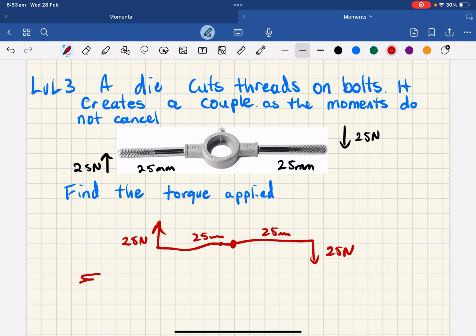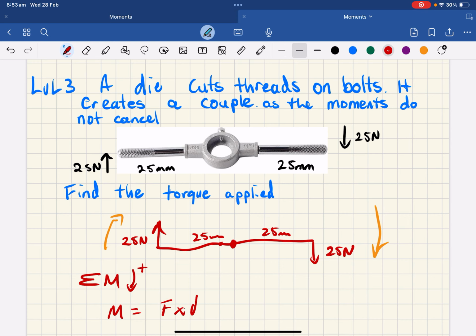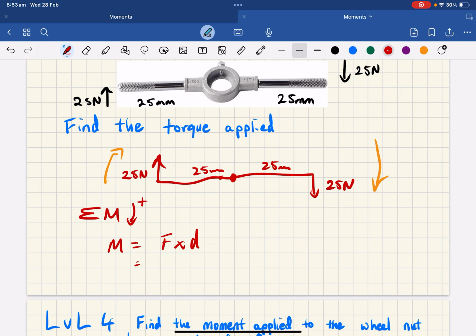So the sum of the moments with clockwise being positive. Start off with the easy part. We're going to work out which way this thing is going. That one is going that way, that one is going that way. They're both going in the same direction. So we're going to say that the moment equals force times distance. So our force is 25 newtons and our distance is 25. 25 times 25.